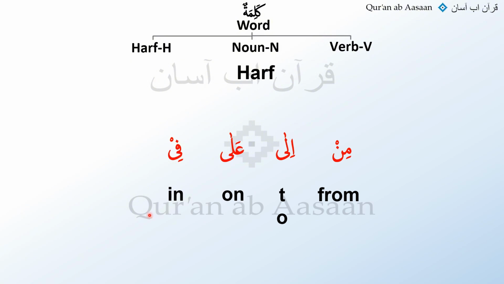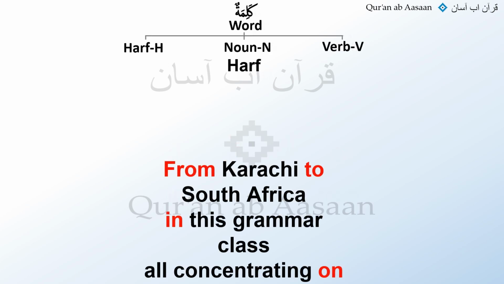Even if we look at how these translated words are used in English, we can say from Karachi to South Africa in this grammar class. I hope you are all concentrating on the screen, on what I'm saying. When they are used in combination with the nouns, that is when they make sense. That is when they convey a complete meaning.